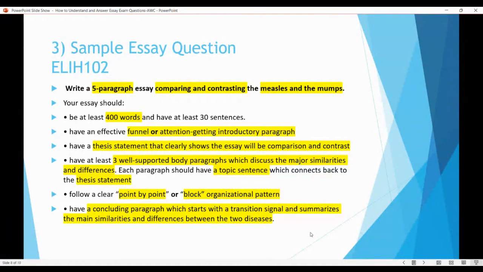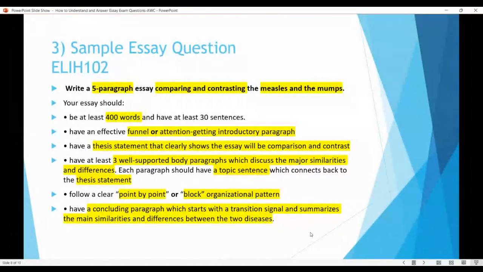And then you need to summarize what you have said in the similarities and differences between the two diseases. So you can get a few important points from the body paragraph of similarities, and you can also collect a few points from the body paragraph of differences, and then you can just write them in a couple of sentences. It would help you summarize what you have said in your body paragraphs about measles and mumps.